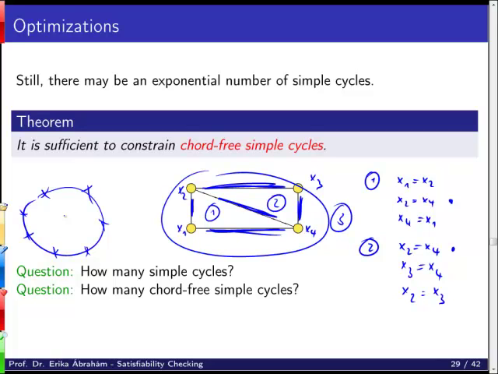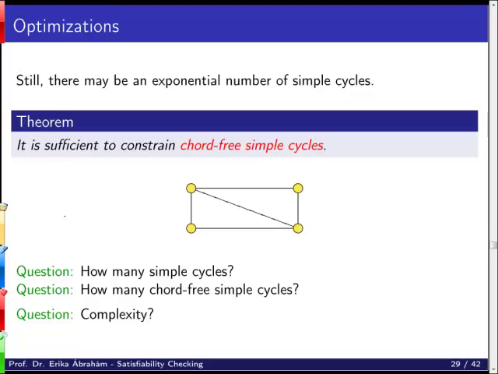But if I have a shortening in between, an edge between two non-neighboring vertices in the cycle, then I do not have to encode it, because this chord divides this big cycle into two sub-cycles, and if I encode both sub-cycles, then this encoding already includes the encoding for the big cycle. Okay, so we need to encode only simple cycles, and only chord-free simple cycles.